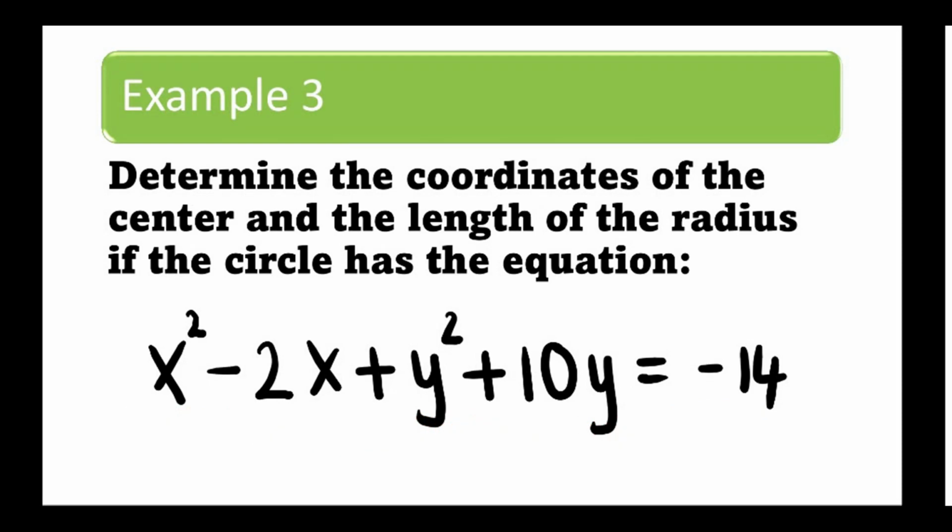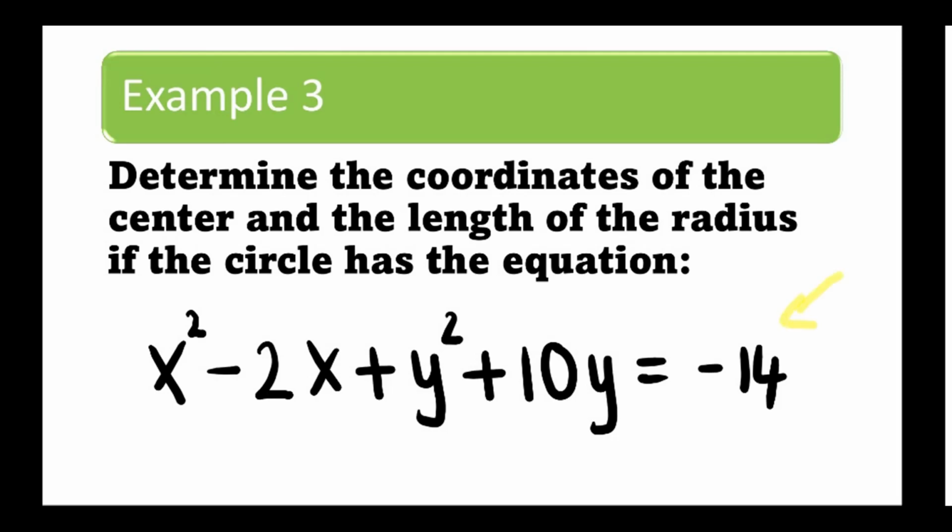Already we are becoming a bit confused because this equation is not in its general form of x minus a all squared plus y minus b all squared equals r squared. So we need to get this equation into that general form.